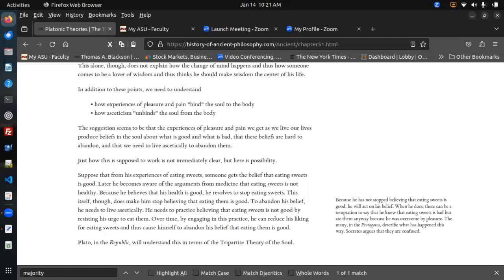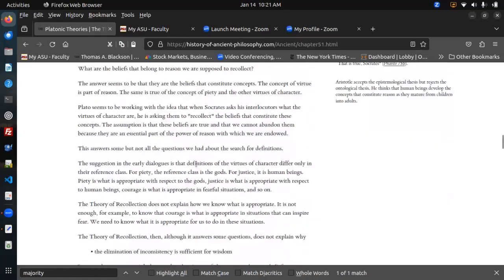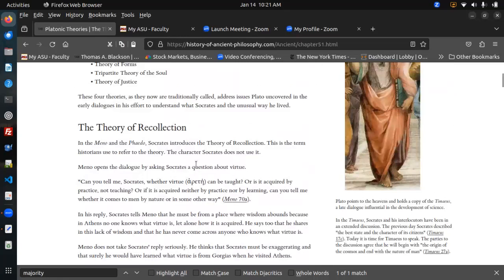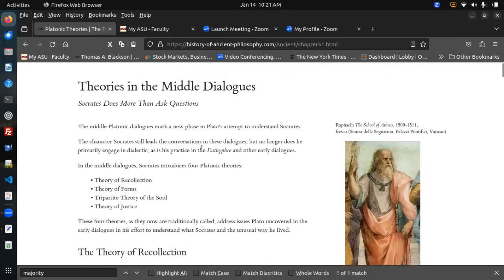Now, as I said, there's lots of puzzles here, especially about the separate existence of the soul. But I think we can see in these dialogues, the Meno and the Phaedo, which are what we're thinking of as being in the middle dialogues. Now, the Meno in particular is hard to classify because it has features of both the early and the middle dialogues.